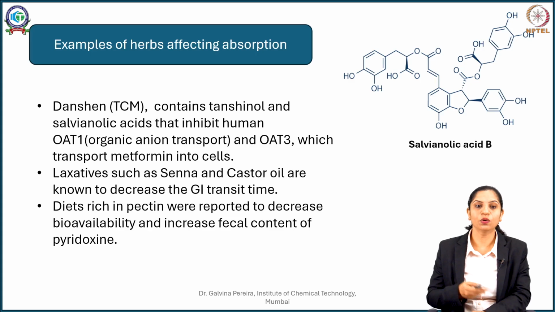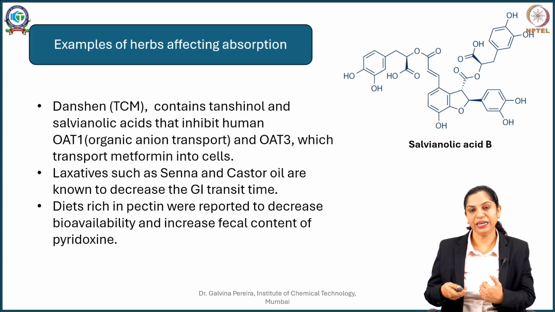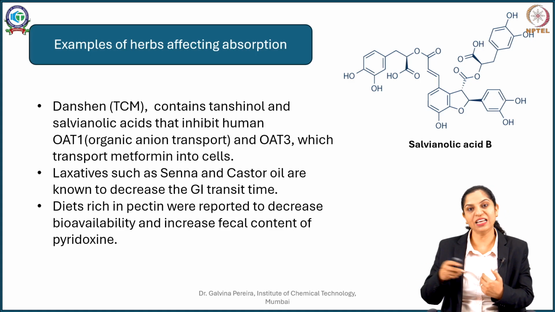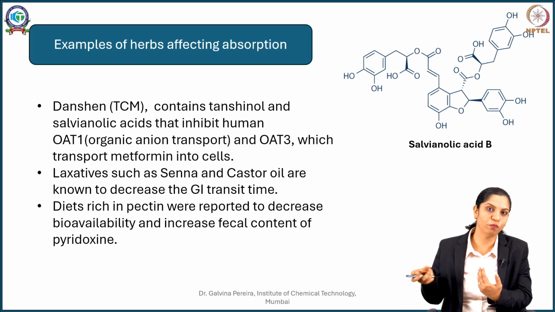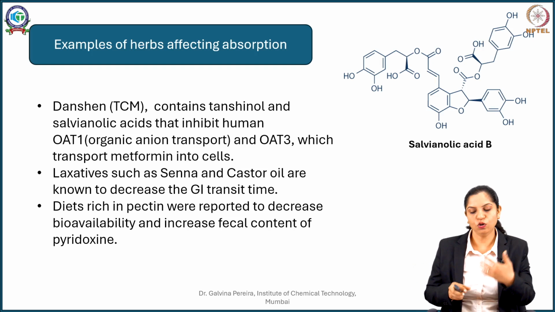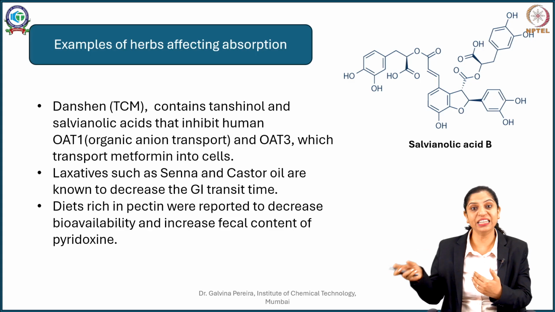Not only that, a good example of drugs that decrease your GI transit time is laxatives. Imagine your drug is there, but it needs some time for absorption because the transporters are limiting. They can carry only a particular number of molecules per unit time, so the more the residence time, the higher the chances that they will get transported.